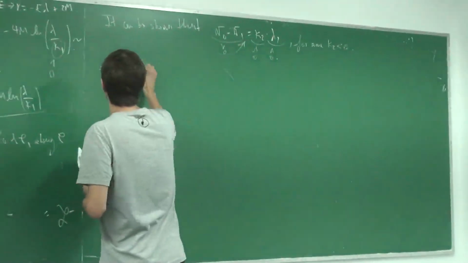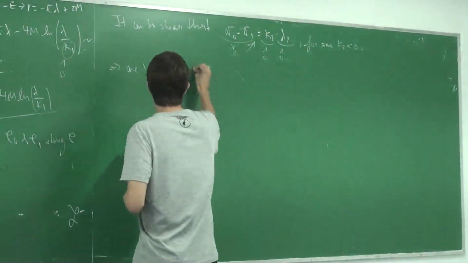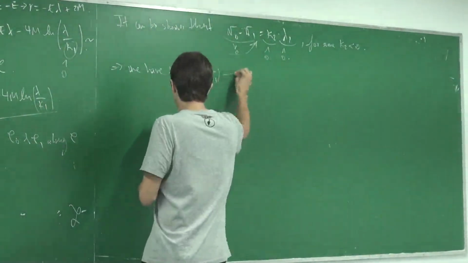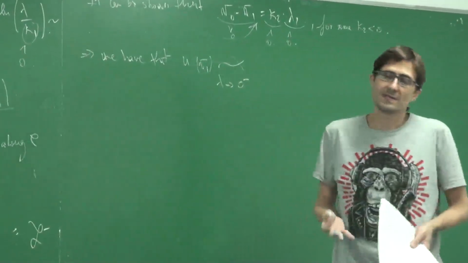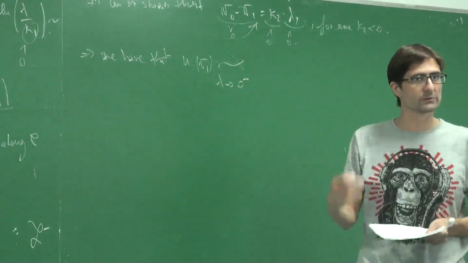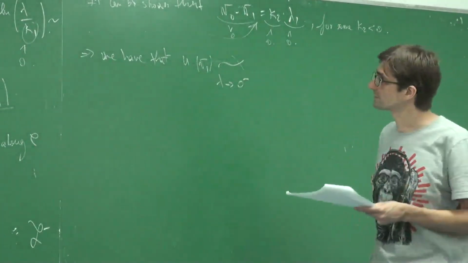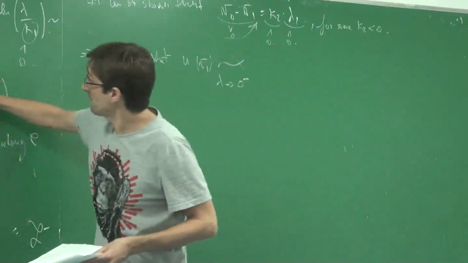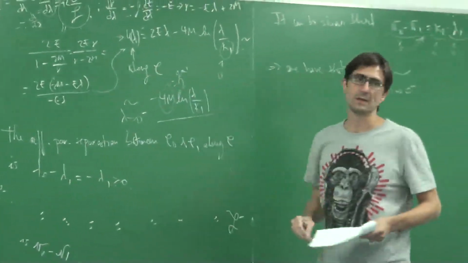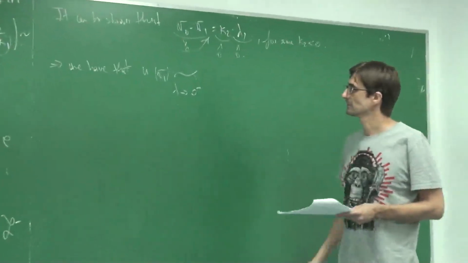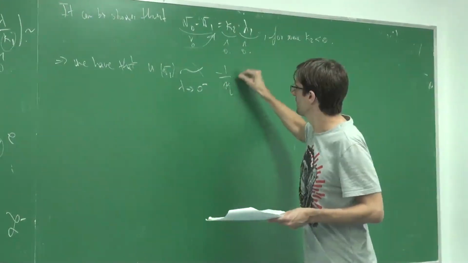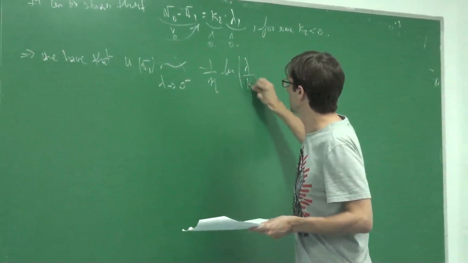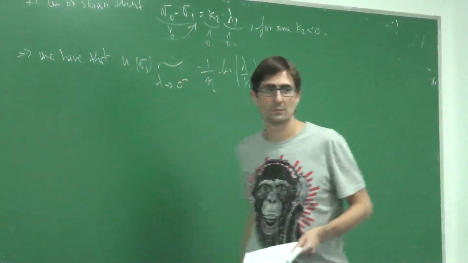So far, I haven't shown that, but we have that U at V1, as the approach gets closer, as C1 gets close to C0, so as lambda goes to 0 from the left, 4m is kappa minus 1, where kappa is the surface gravity. So that will be minus kappa 1 log lambda K1 from what we had.